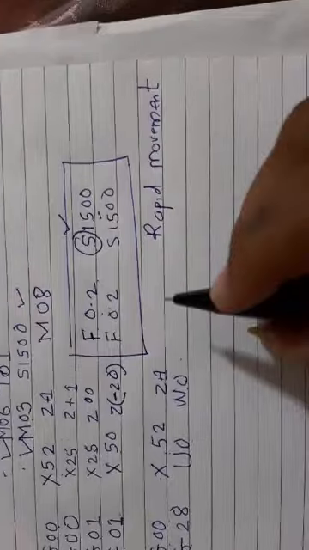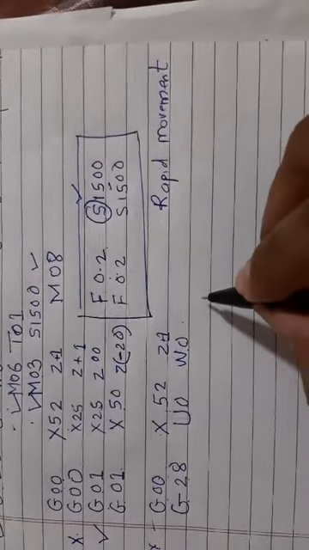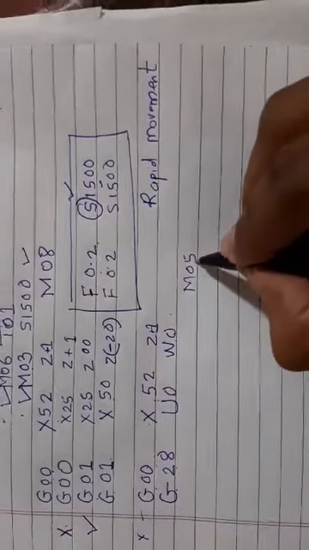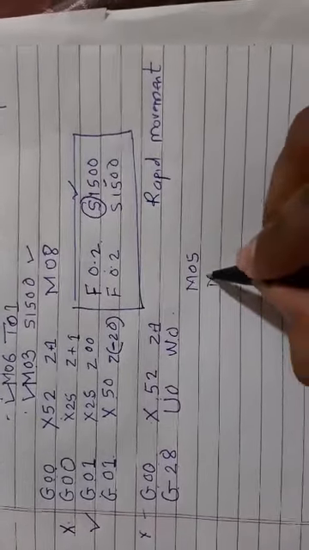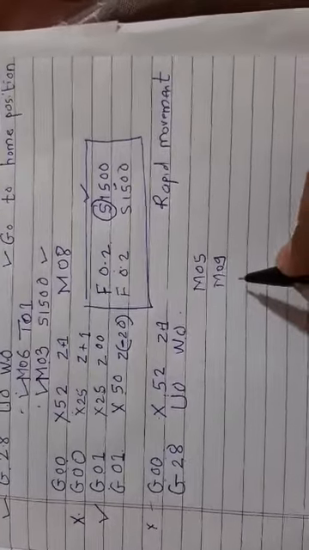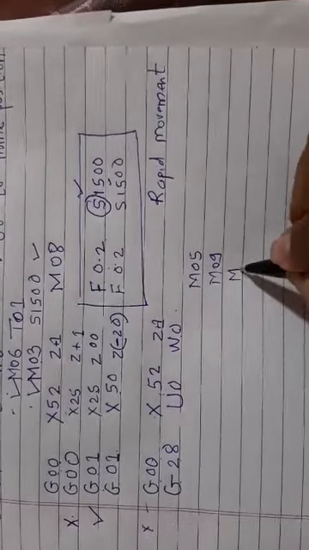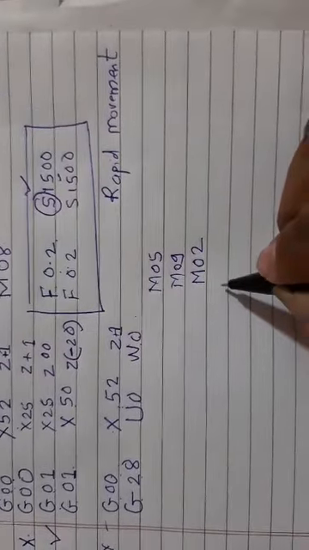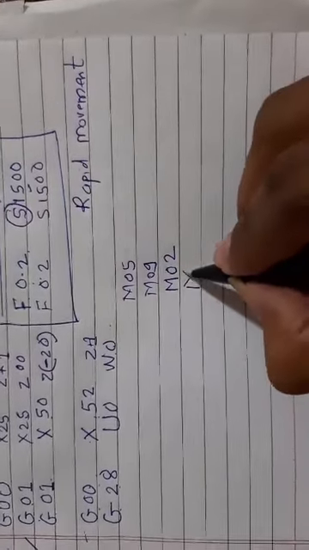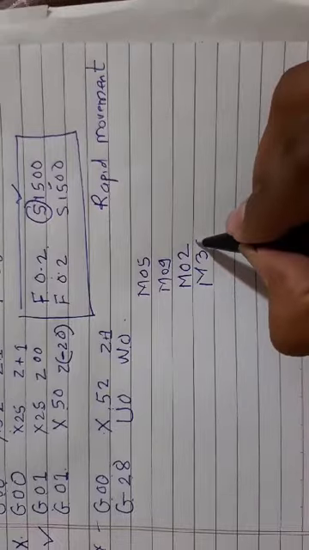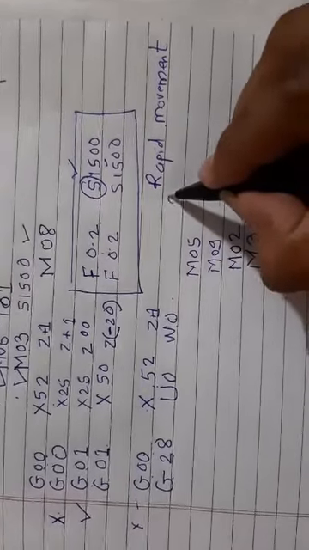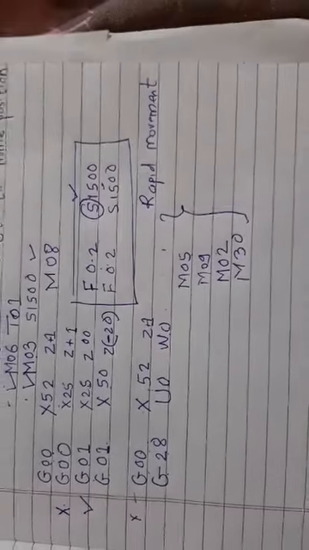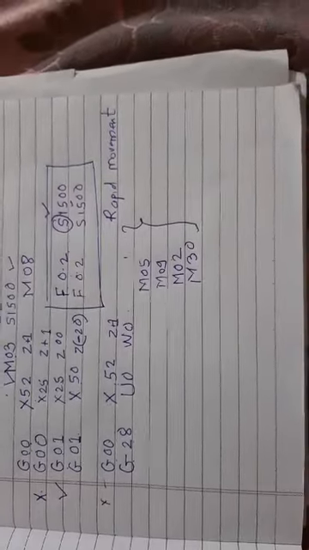Now we have to do the remaining operations, that is switch off the spindle by using M05 code, then switch off the coolant by using M09 code, then the end of the program is defined by using M02 code, and if you want to rewind the same program you have to use M30 code. So from this step to this step, 5 steps are common for writing a part program.